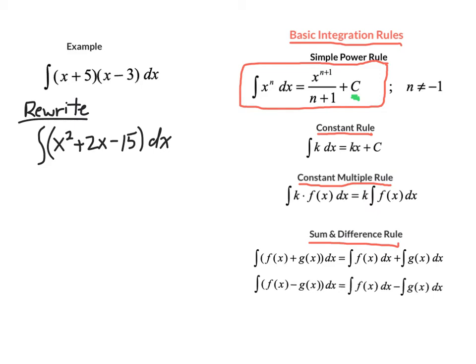Now, if you wish, you could go ahead and apply the sum and difference rule, which says that I could break this up into 3 separate integrals. Now, if you do it that way, it's going to be the integral of x squared dx plus the integral of 2x dx minus the integral of 15 times dx.